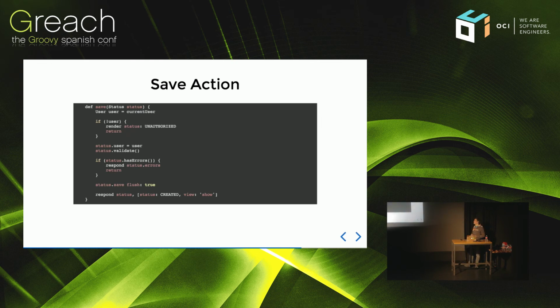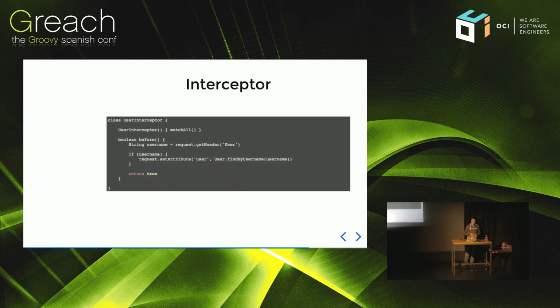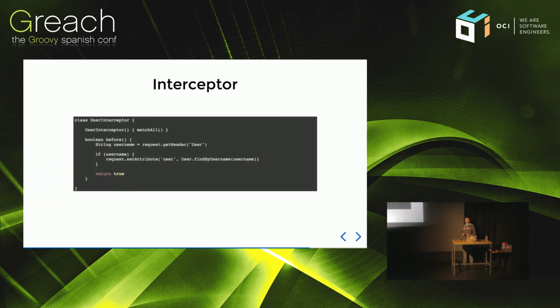But there are some shortcomings. For example, where does the user get in here? Well, actually, it's injected in the interceptor. So this is pretty simple logic, but it could be like 200 lines of logic in the interceptor.